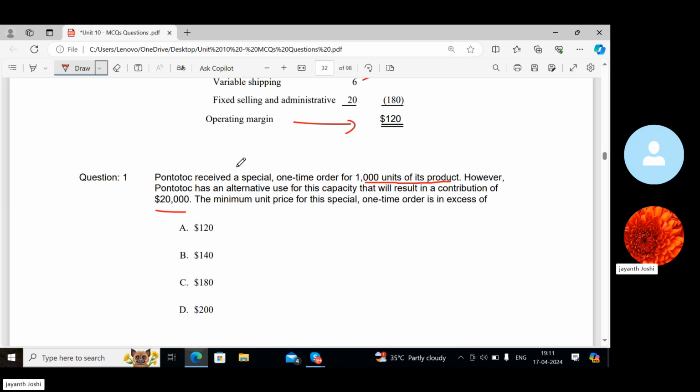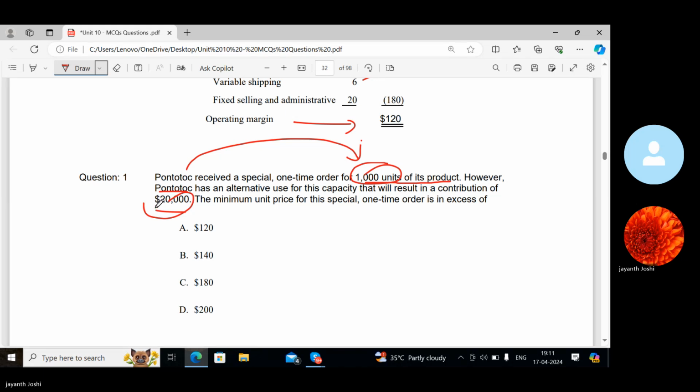They have received a special one-time order of 1,000 units, right? That means whatever capacity they are putting to make this special order, they can utilize for something else as well, and that will give them a contribution of $20,000.